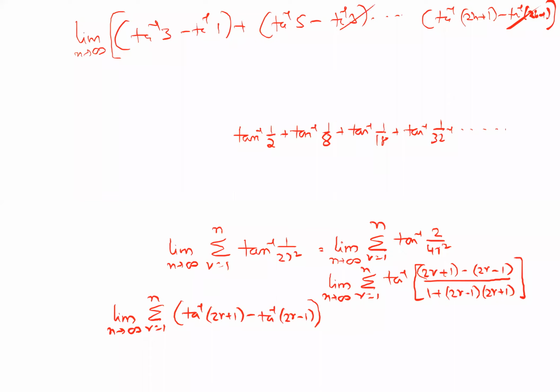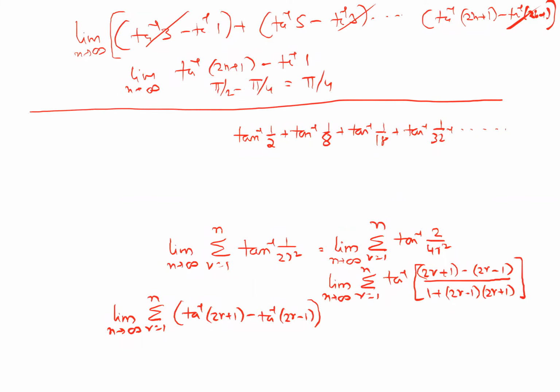All terms will cancel. What is left over is limit n tending to infinity tan inverse 2n plus 1 minus tan inverse 1. Tan inverse infinity is pi by 2. Pi by 2 minus pi by 4. Result will be pi by 4. This is the last step.